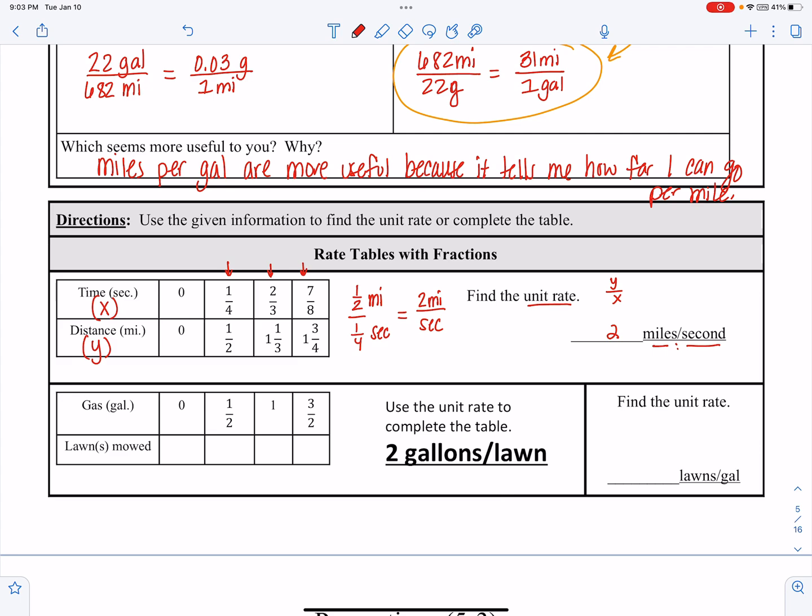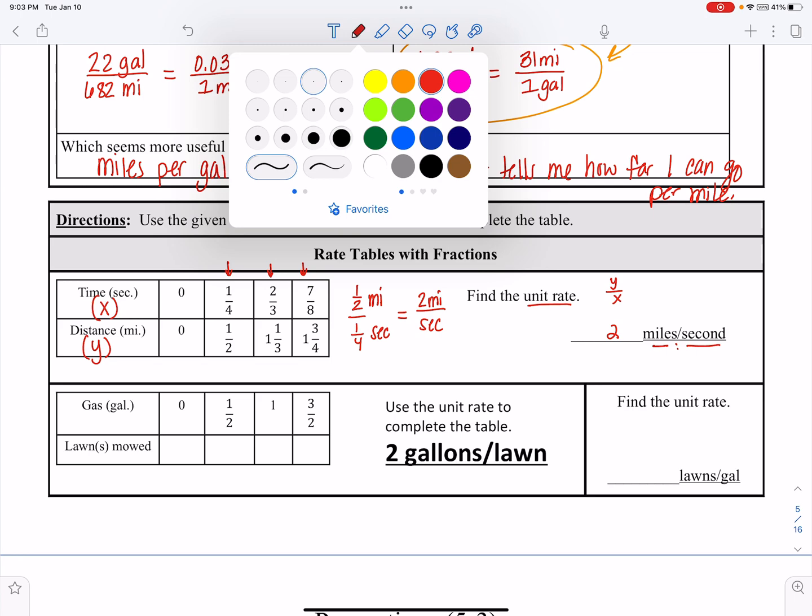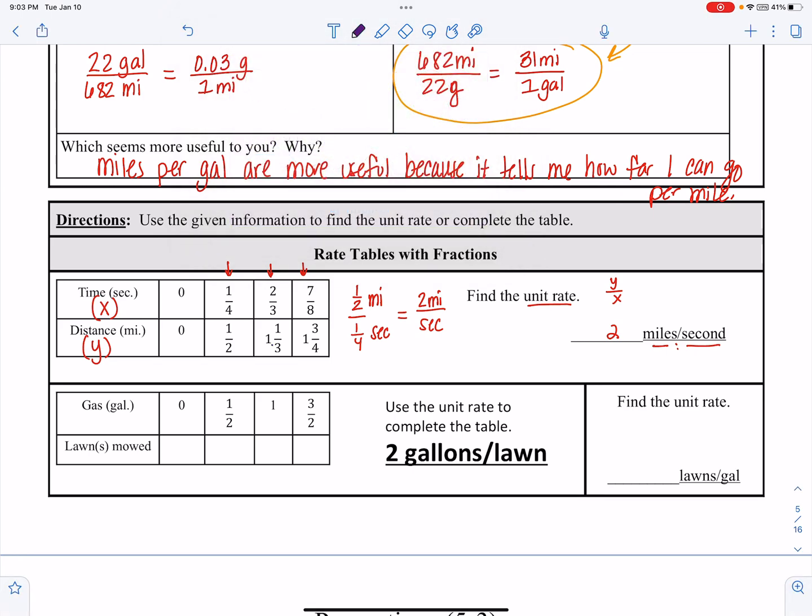So again, miles per second. Let me change colors here. We're not going to use a mixed number here, so we'll do 4/3 instead. So we have 4/3 miles over 2/3 seconds. We can go ahead and multiply by the reciprocal.